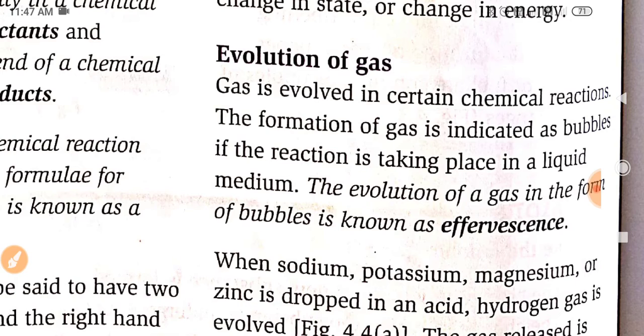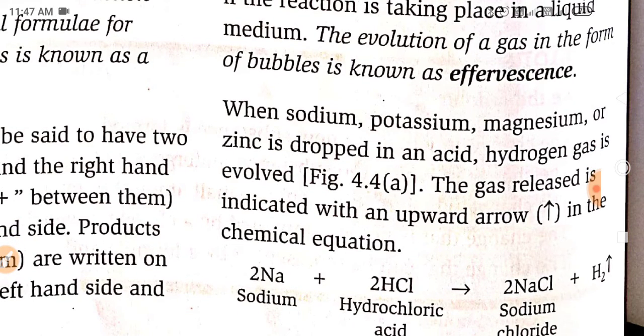First is evolution of gas. Gas is evolved in certain chemical reactions. The formation of gas is indicated as bubbles if the reaction is taking place in a liquid medium. The evolution of a gas in the form of bubbles is known as effervescence. When sodium, potassium, magnesium, or zinc is dropped in an acid, hydrogen gas is evolved.